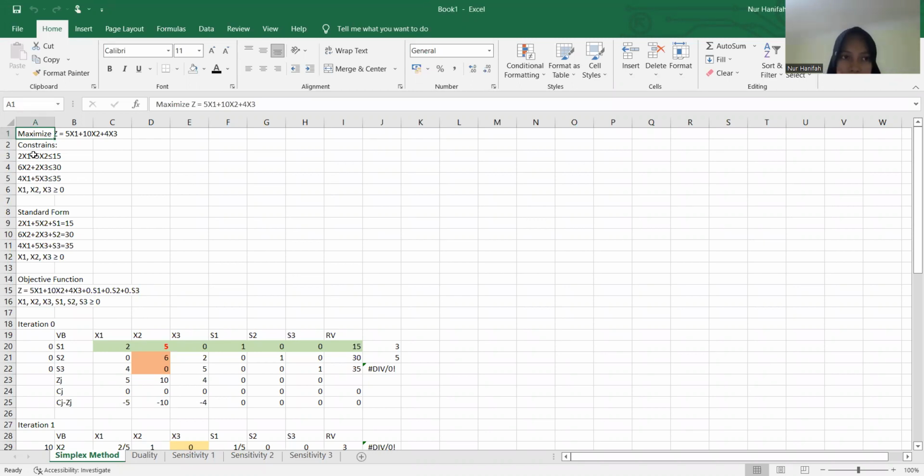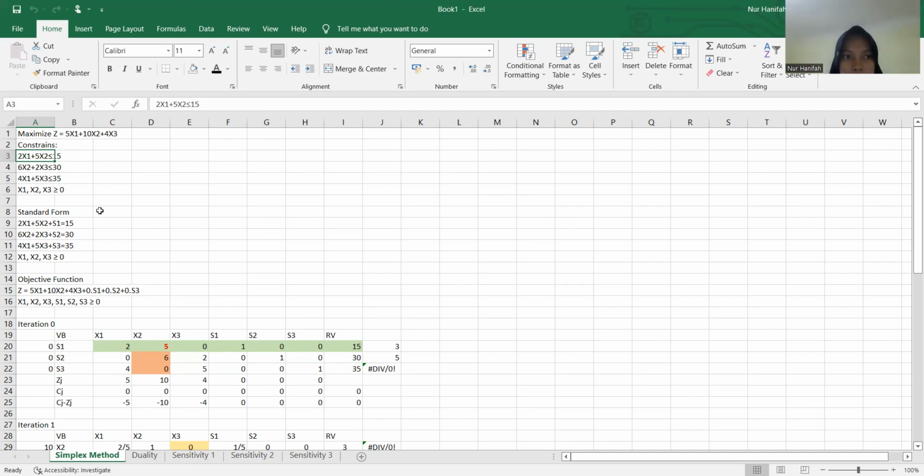The constraints are 2x1 plus 5x2 less than or equal to 15, 6x2 plus 2x3 less than or equal to 30, 4x1 plus 5x3 less than or equal to 35, where x1, x2, and x3 are greater than or equal to 0.